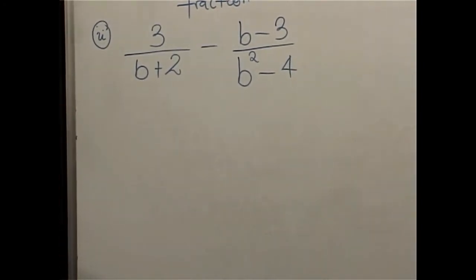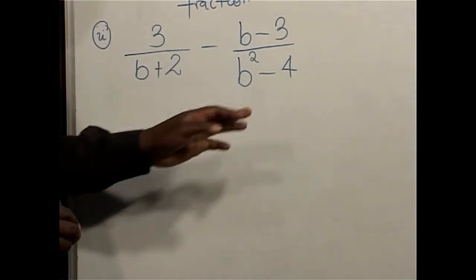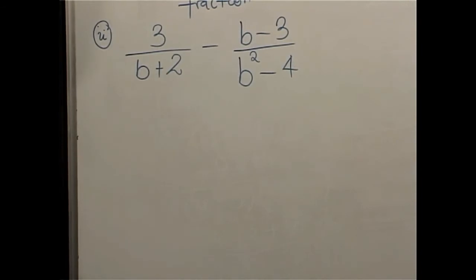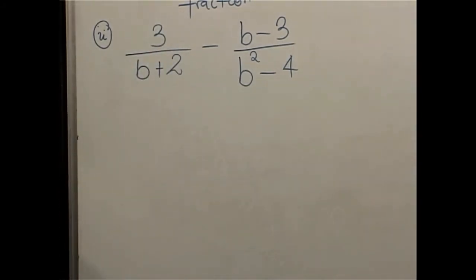When we look at it, it is not. But when we look at b squared minus 4, you will see that it is possible for you to factorize. So I'll give you a few seconds to do the factorization and see if what you are going to do is going to be the same as what we are going to get in the next few seconds.